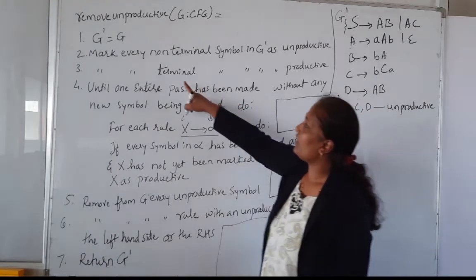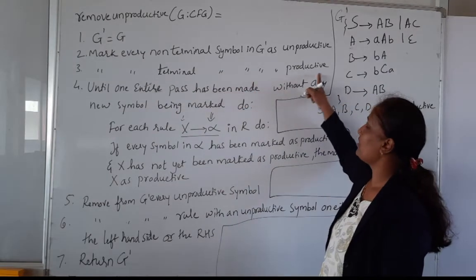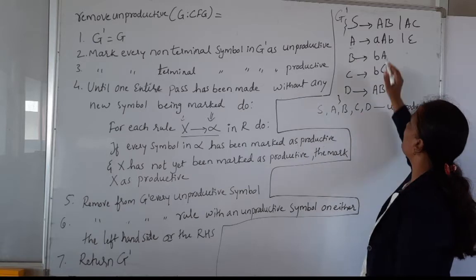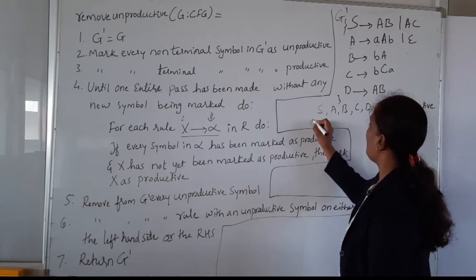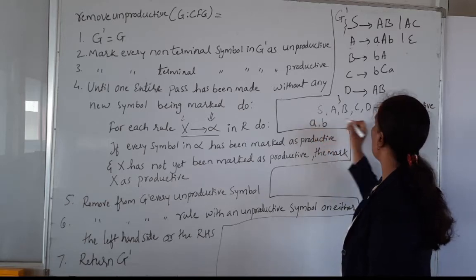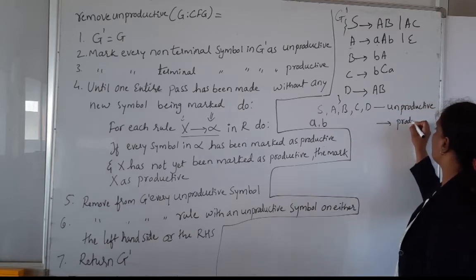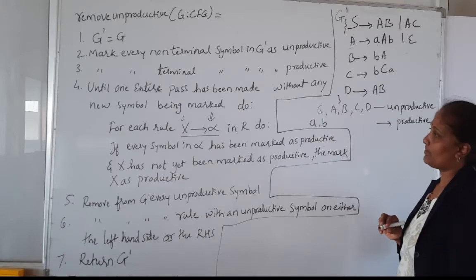Next, according to the third rule, mark every terminal symbol in the G dash as productive. So what are the terminal symbols in the grammar? a, b are the terminal symbols here. So I will mark a and b as productive symbols. So these are the productive symbols.